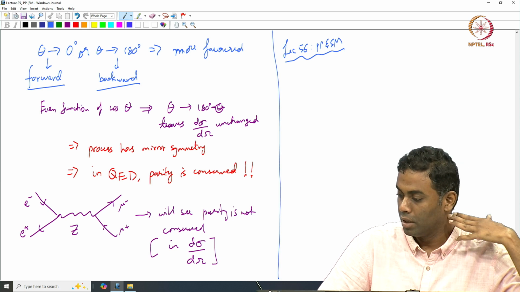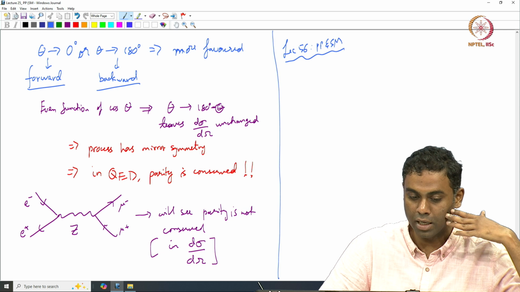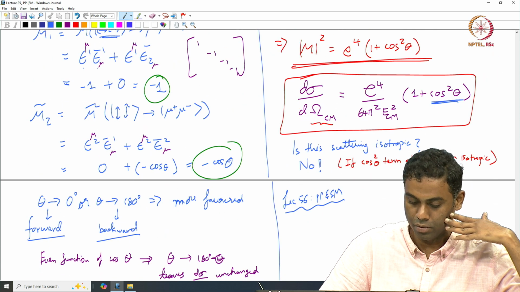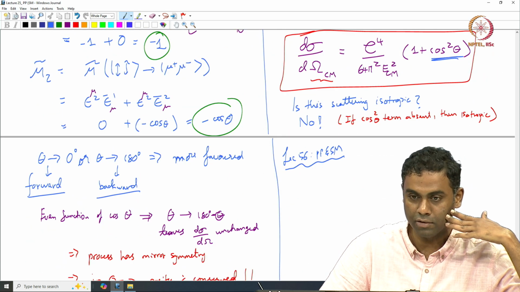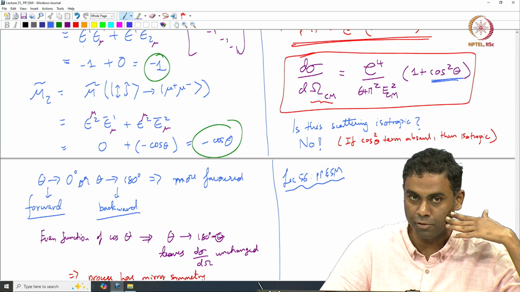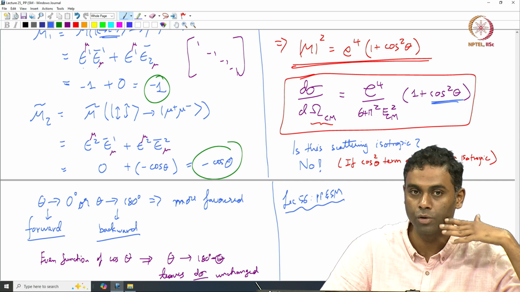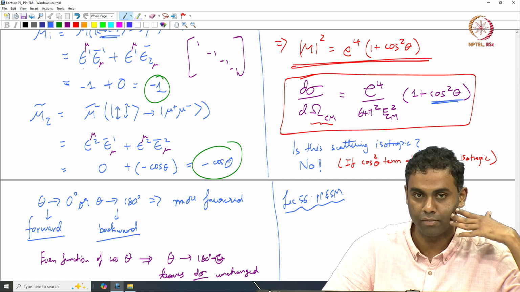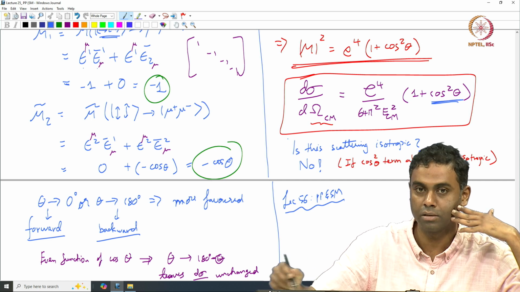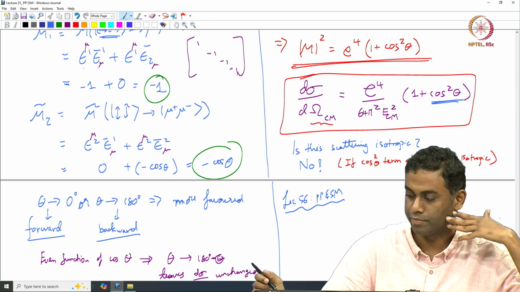One thing to note, though, is that the process itself favors the forward and backward directions. The muons and antimuons like going to either 0 degrees or 180 degrees. That is literally what this differential cross section is saying.